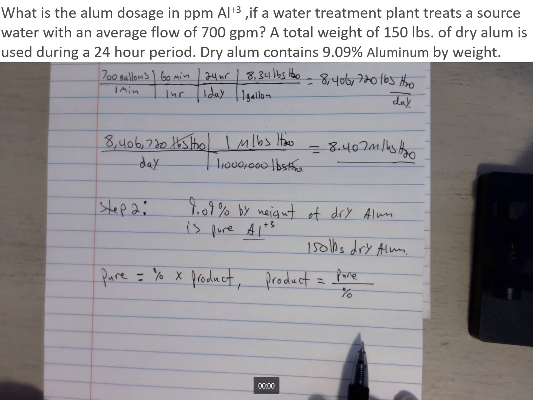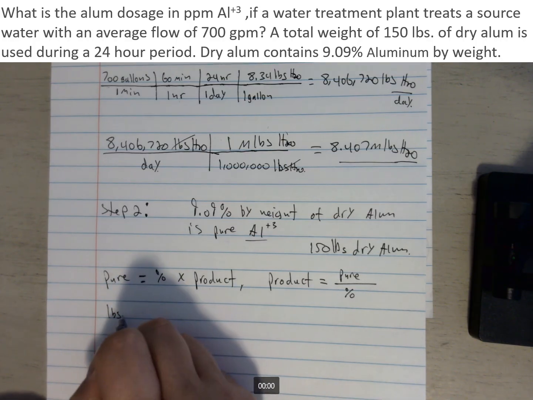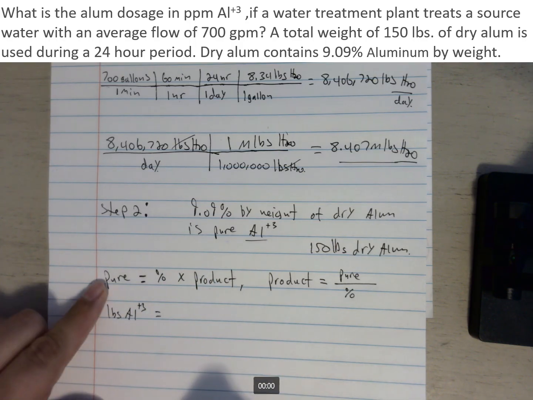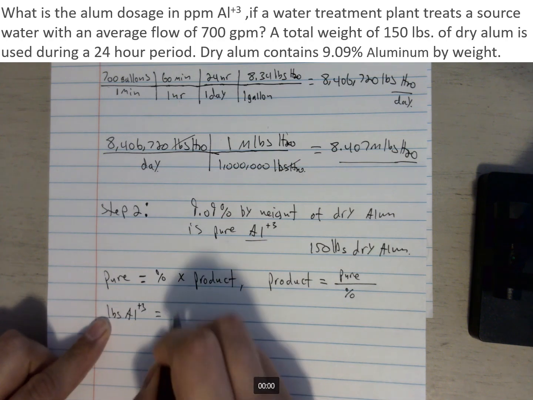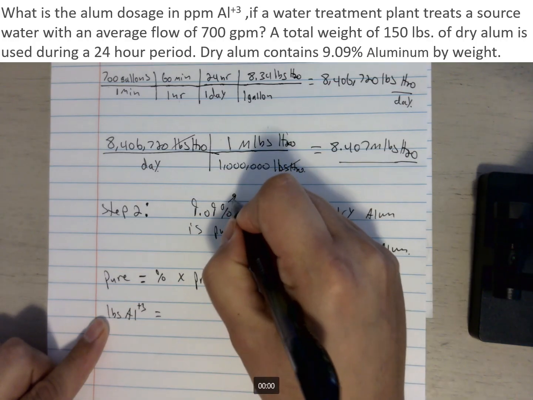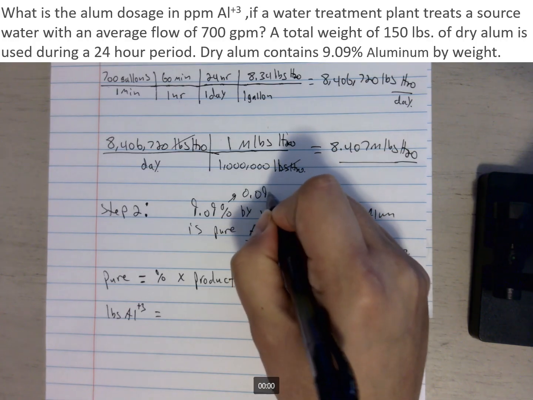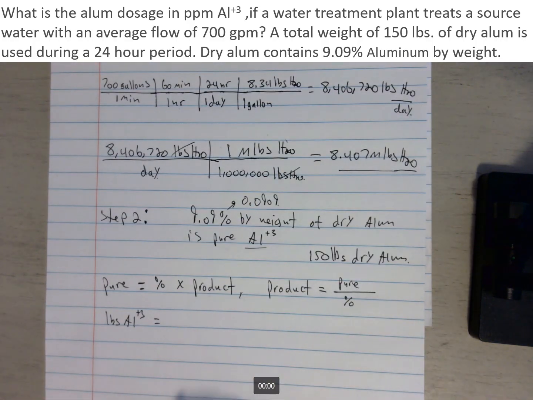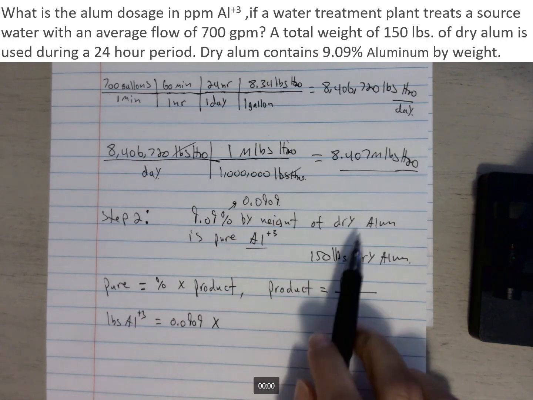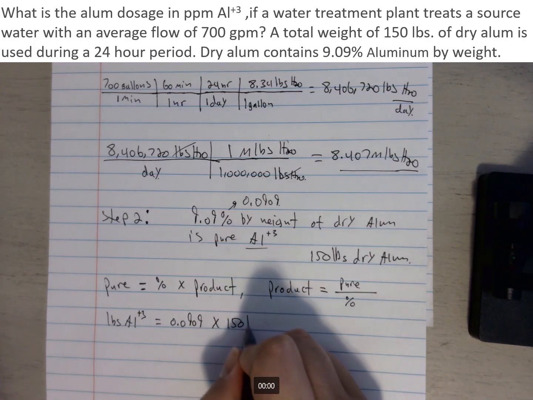Take that equation: pounds of aluminum ion, our pure, is equal to our percentage, 9.09, which we want in decimal form, 0.0909, multiplied by the product, in this case the dry alum, 150 pounds.